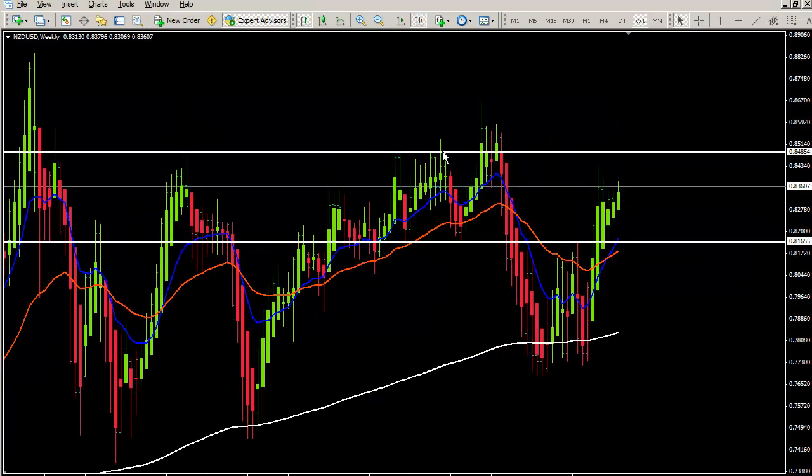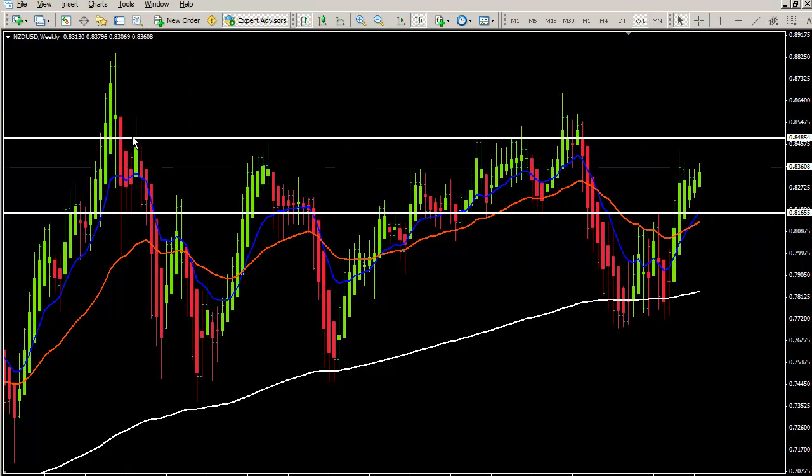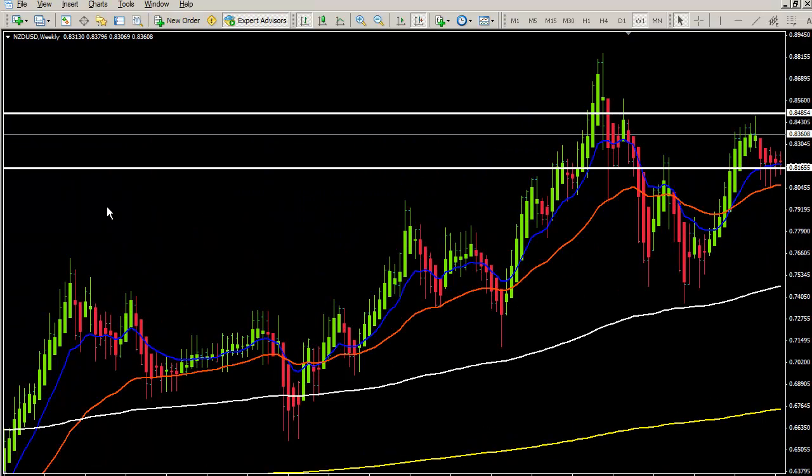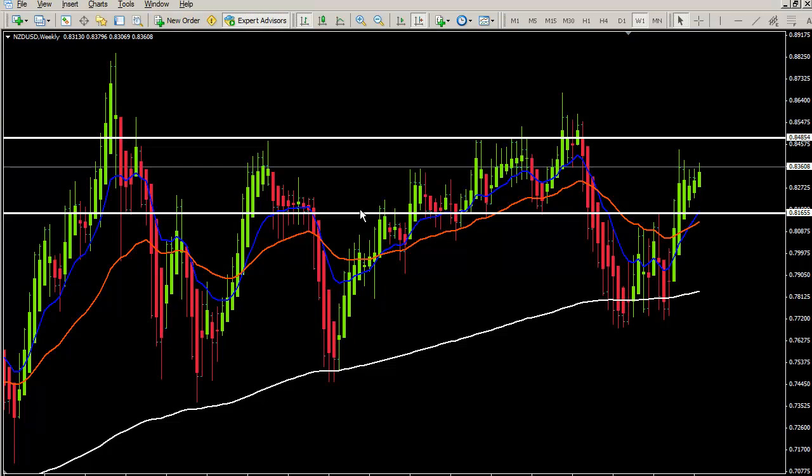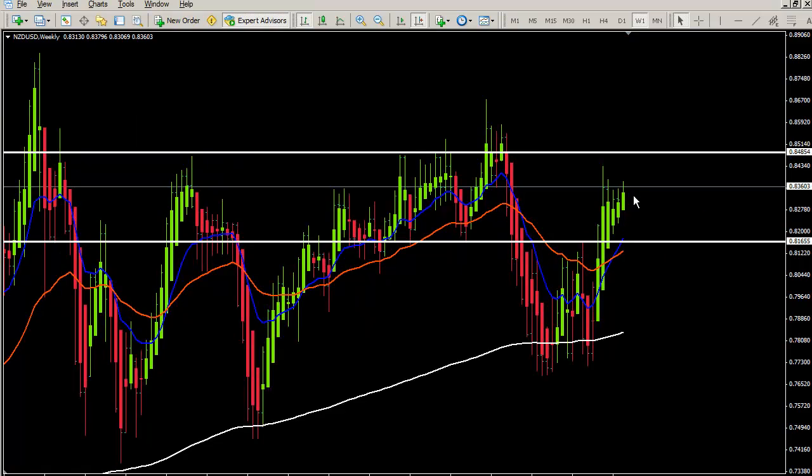Okay, that is resistance. You see all the touches here and there and there. Then a false break, and the price is moving lower in the end. We have support coming from back here, and touches there, there, there, and of course here, and the price is just in between all that.